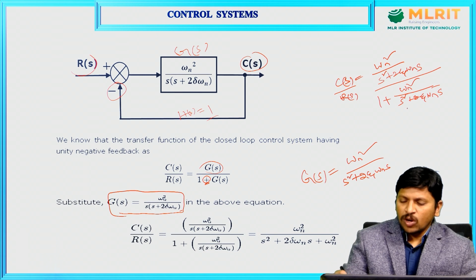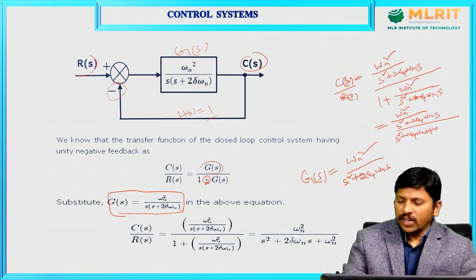Taking S square plus 2 zeta omega n S as the common denominator, finally we get omega n square divided by S square plus 2 zeta omega n S, divided by S square plus 2 zeta omega n S plus omega n square divided by S square plus 2 zeta omega n S. The common denominators get cancelled.